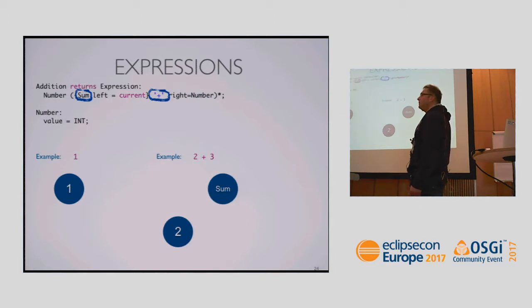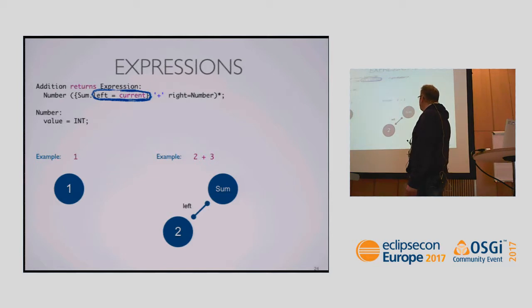This is introduced by these curly brackets. So this will create a sum object and assign the current parsed element, which was the 2, to the left feature of the sum. That is how assigned actions work.